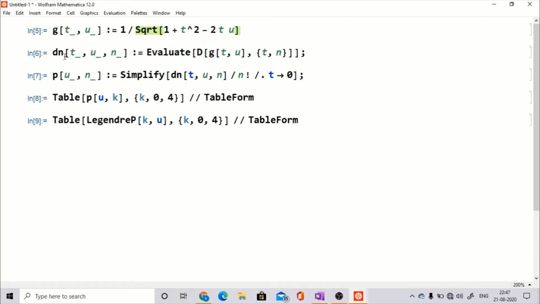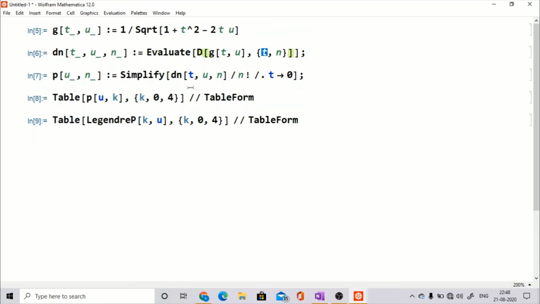I have defined the nth order derivative as dn, a function of t, u and n. Basically, it is the nth order derivative with respect to t of g. This is how I can calculate the nth order derivative of a function.